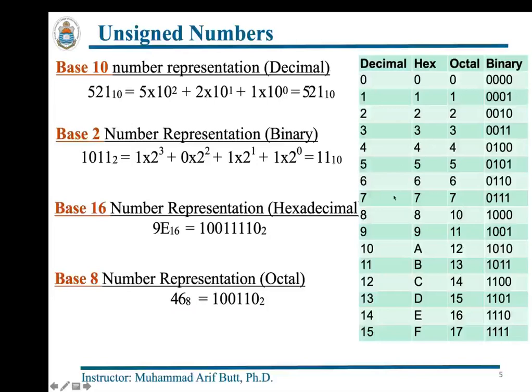And in binary, from 0 to 15, we need at least 4 bits. So the number 15 is represented in 4 digits. I expect all my students to be able to convert a number of any base system to any other base system before proceeding ahead.